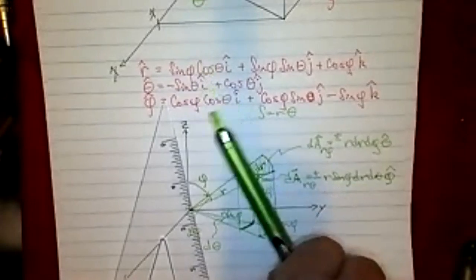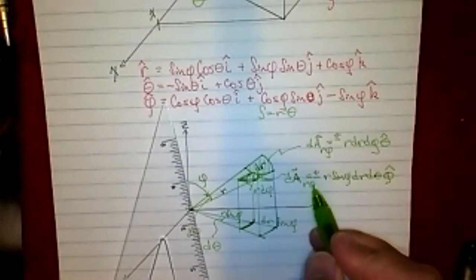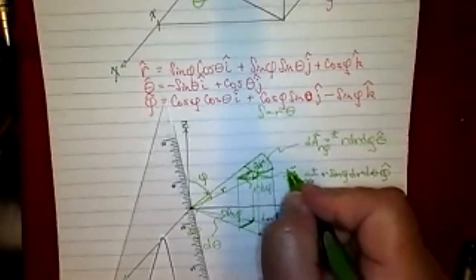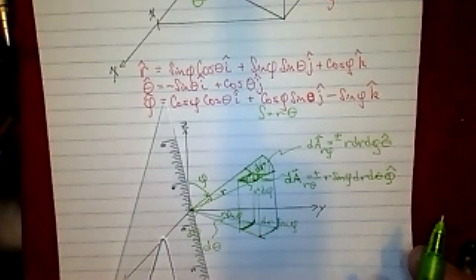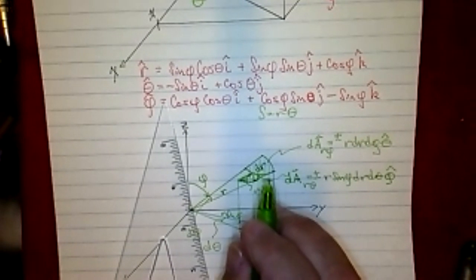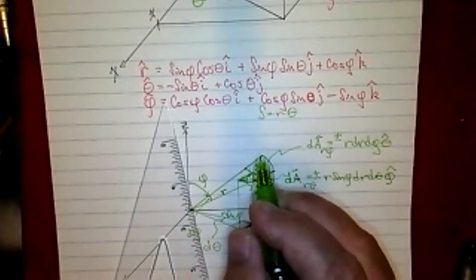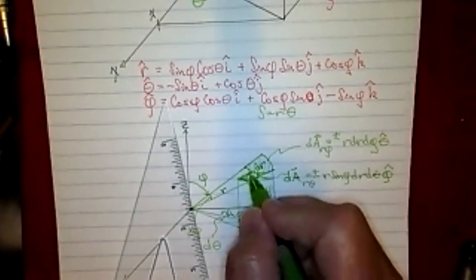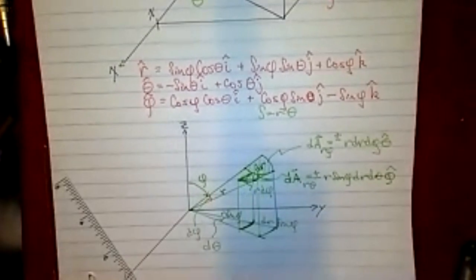Again, it could be this way or this way, but notice it's just the variable that we didn't use. So we now have a differential area element for that one. The only one we have left is allowing phi to change along with theta to change.